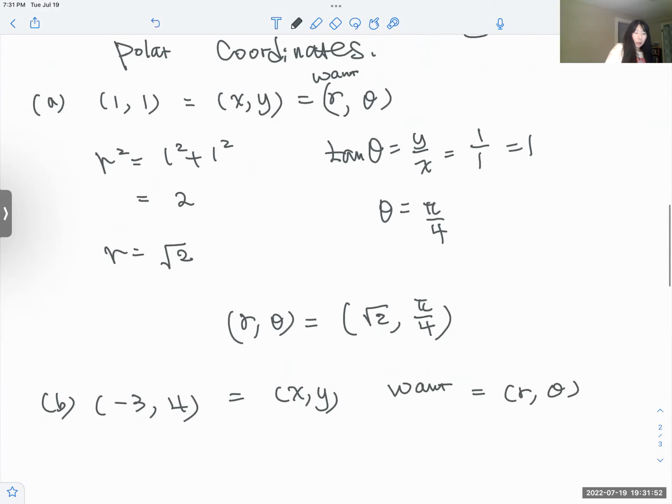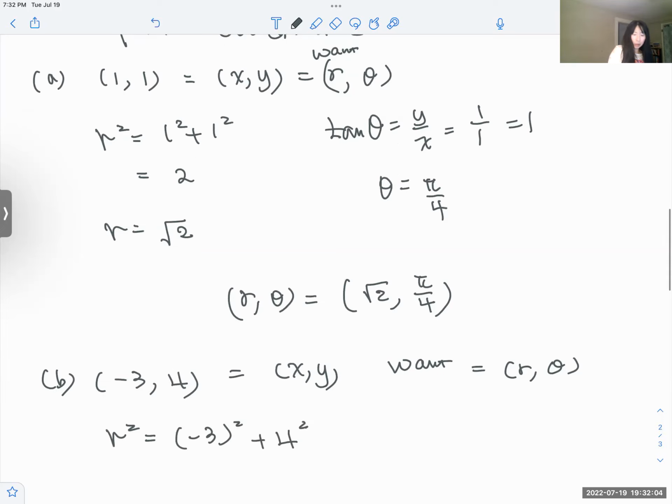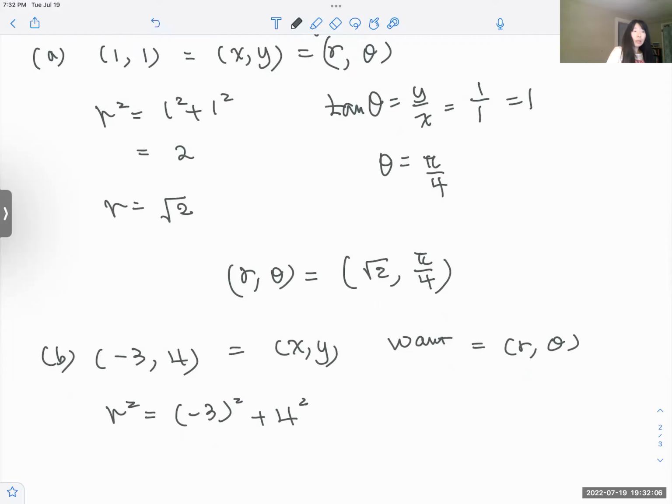So r squared is x squared plus y squared. What do you get for this one? Oh, 25. 25, good, which is 5. Very good.